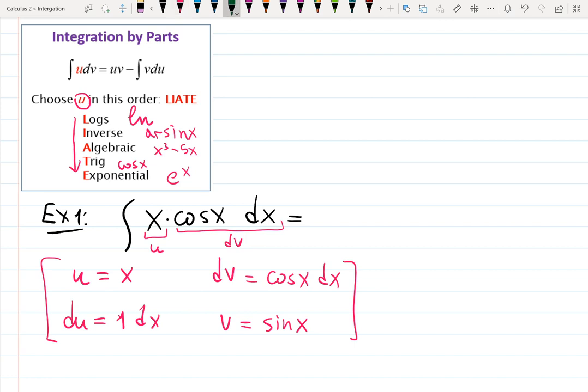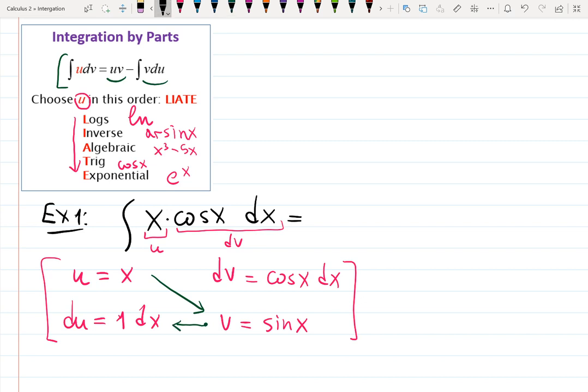And then, visually, I memorized that now, based on the formula over here, integral of u dv will be u times v, that's the cross product, minus integral of v du. v happens again in the formula times du.